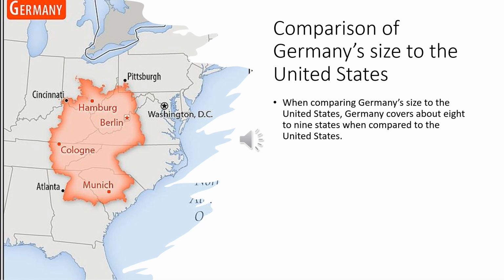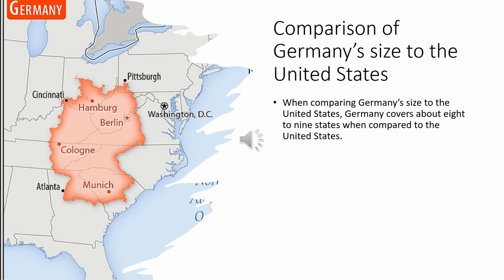Okay, when we are comparing Germany's size to the United States, on the map that I have presented here before you, we can see that Germany is covering about 8 to 9 states on the eastern border of the United States.